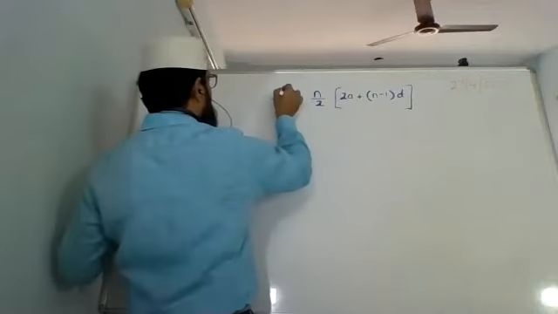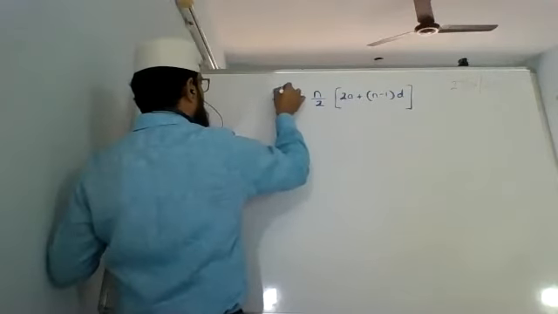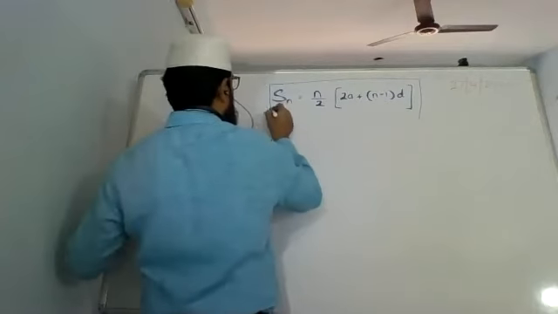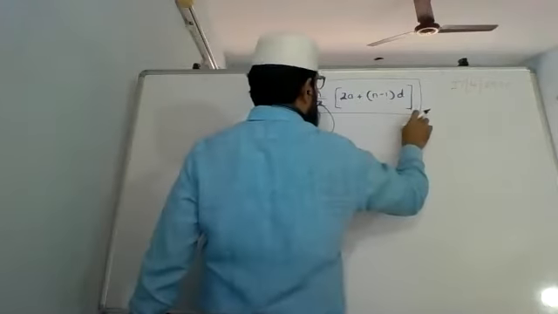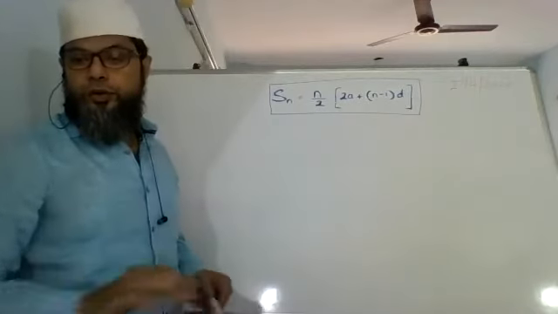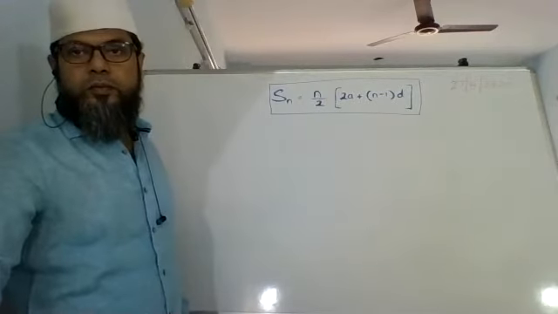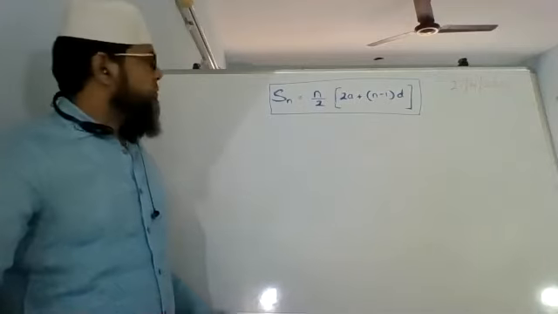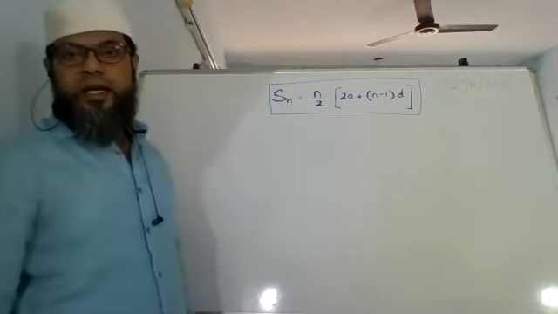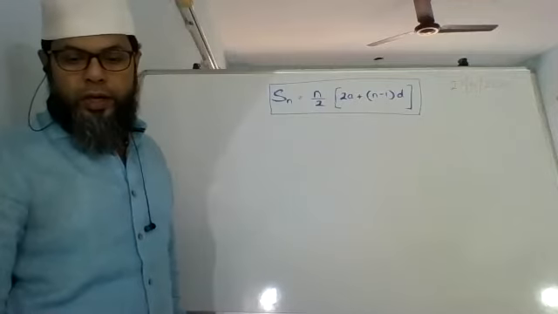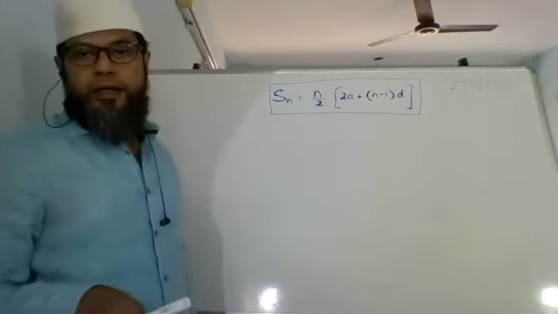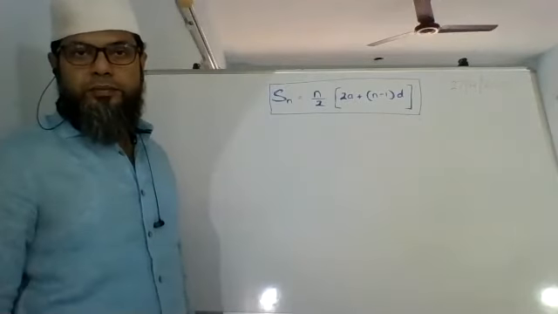This is the formula for the sum of n terms. In fact, there is one more formula, but that is it. So this is the formula that we are going to use to solve the sums based on this. Sn equals n upon 2 into bracket 2a plus n minus 1 d. All of you have written this formula?